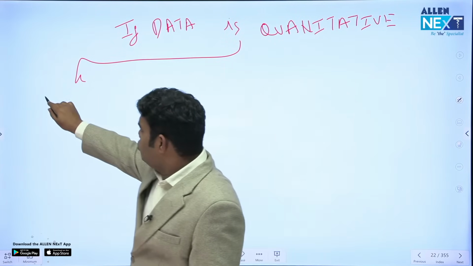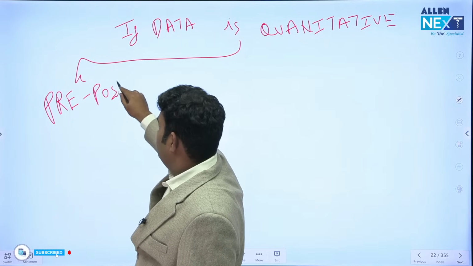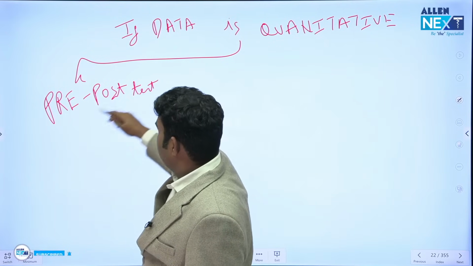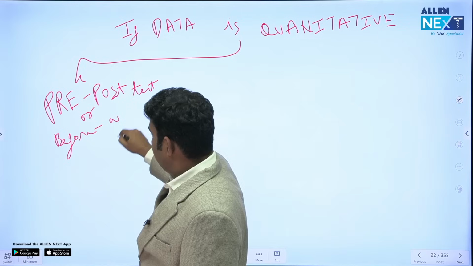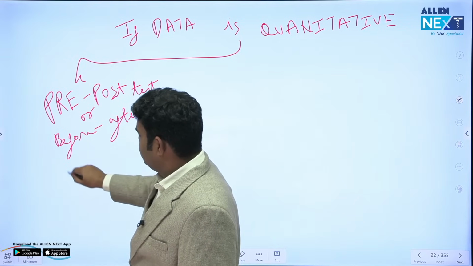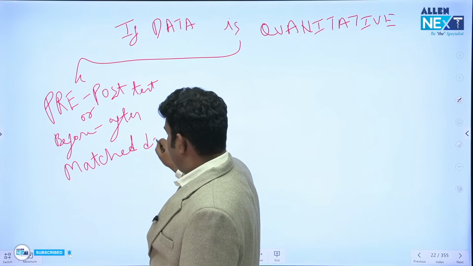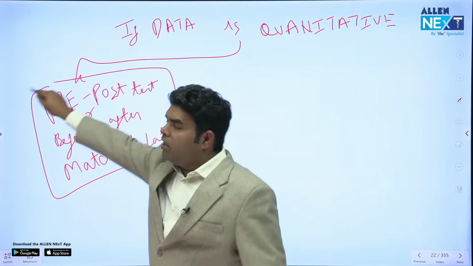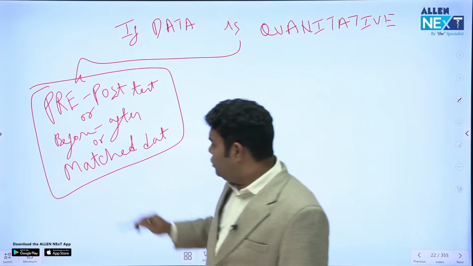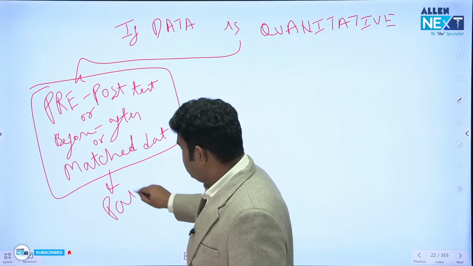First, in the question, are they using the words pre and post test? Is before or after written in the question? And are they using the word match data? If you saw any of these three words in the question, your answer will be paired t-test.